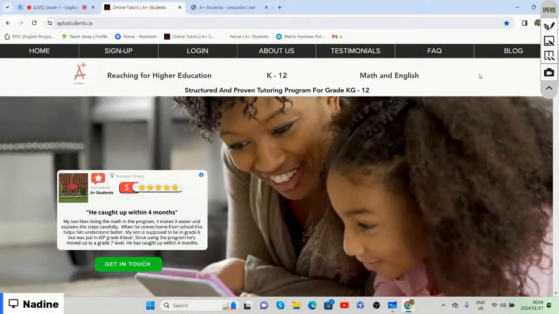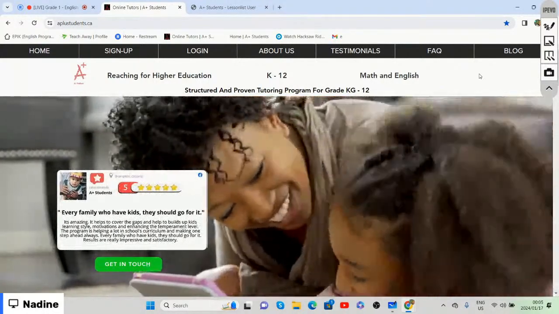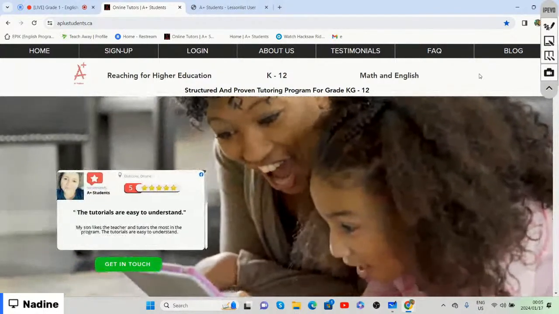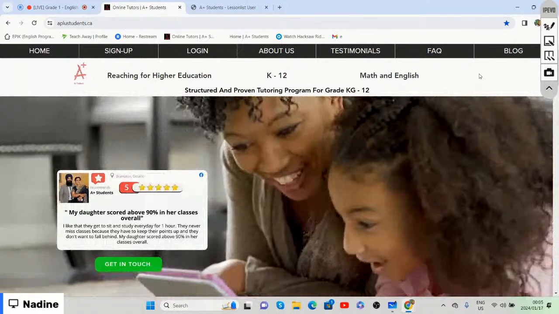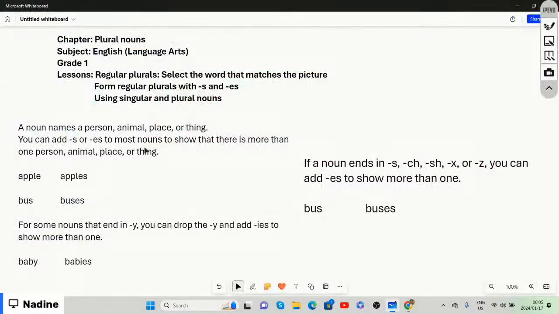And then once we've selected the subject of language arts, grade 1, we're going to scroll down until we get to the chapter of plural nouns. So our chapter is plural nouns.